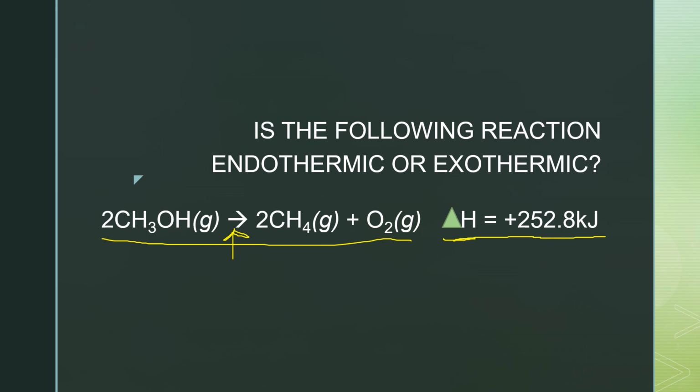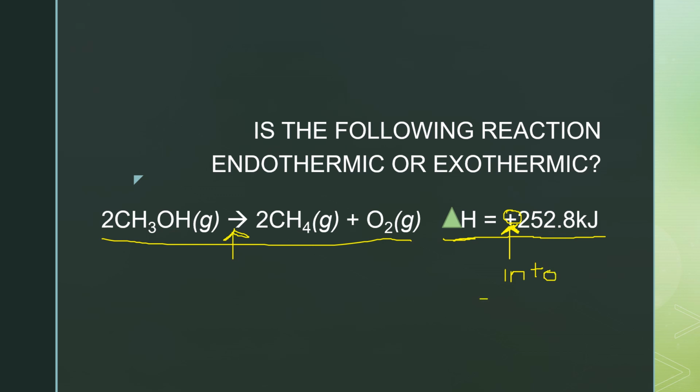Now, since this is a plus, since this is a positive enthalpy value, what would this be? That means it got hotter. That means it absorbed heat from the surroundings into itself. The heat went into the substance, so the substance got hotter.